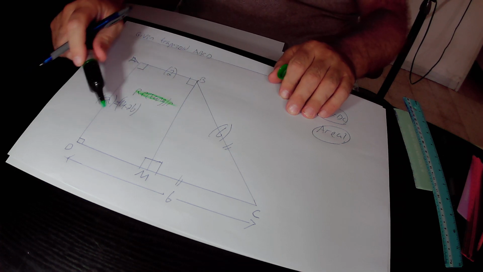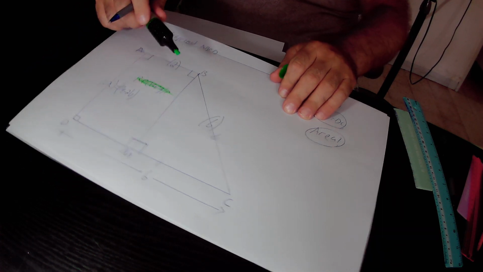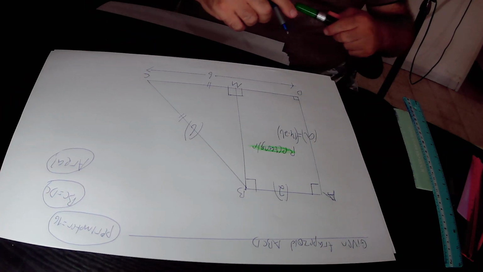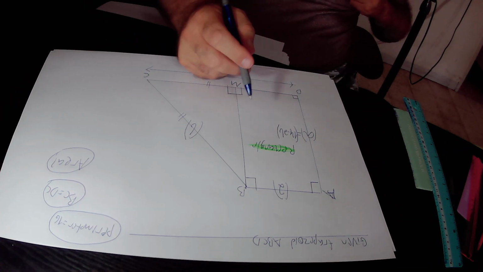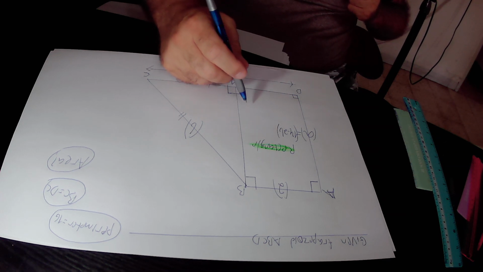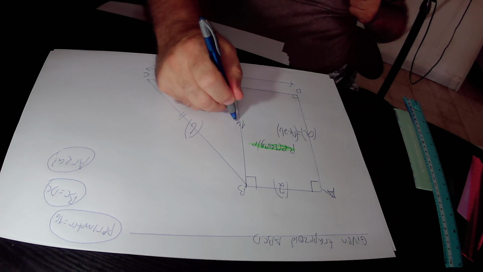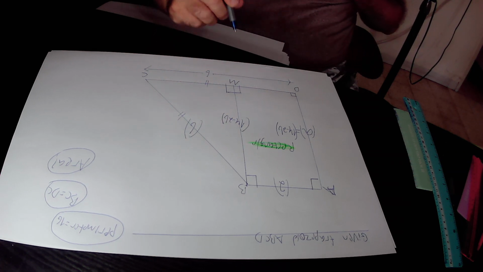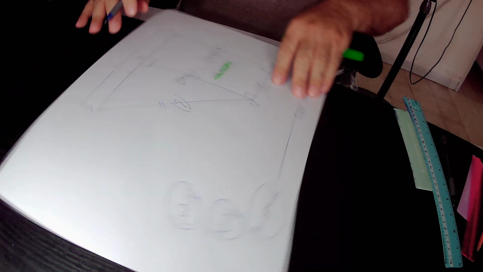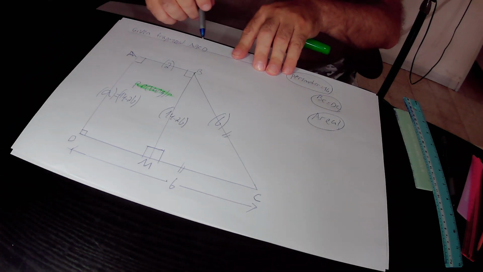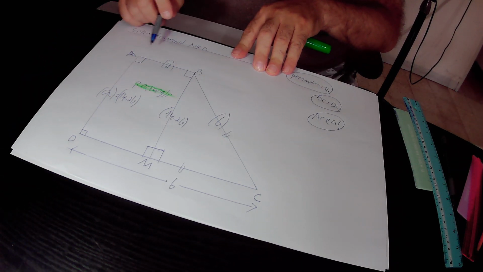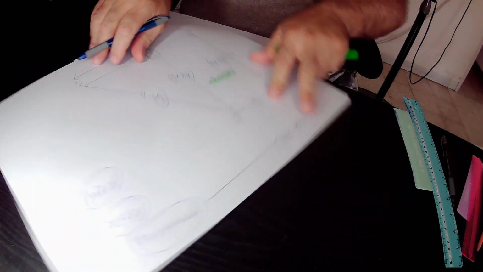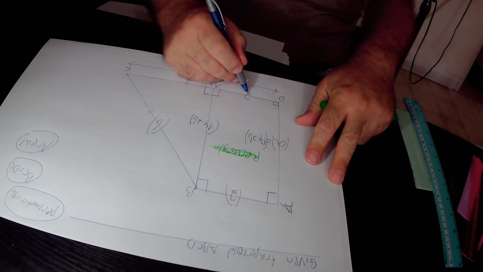But AD is A, therefore the opposite side BM must also be equal to A units in its length. But A equals 14 minus 2B. So we can write here that BM is equal to A, which is equal to 14 minus 2B. Likewise, in the same rectangle ABMD, side AB must be equal to the opposite side DM, but AB is 2, therefore the opposite side DM must also be equal to 2 units in its length.